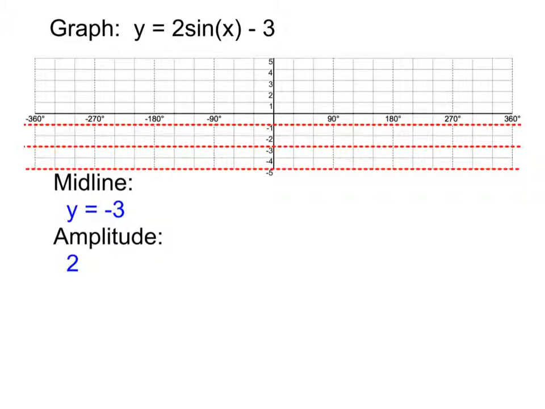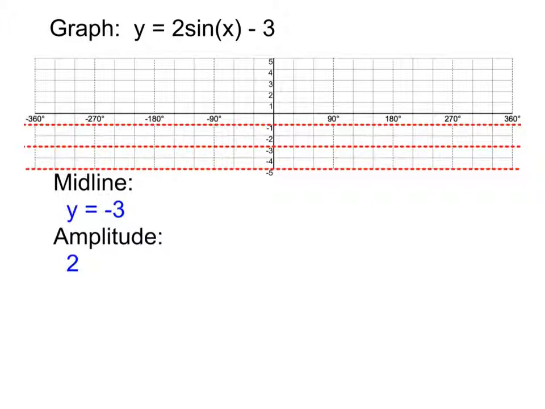Now, you'll notice that so far, as we've been talking about this, I haven't even talked about how it was sine instead of cosine. That's because sine and cosine both start the exact same way. They both start by drawing in the midline and drawing in the top and the bottom lines. So nothing changed in that regard when we were doing sine instead of cosine here. The only thing that changes is basically where do I put my first point.